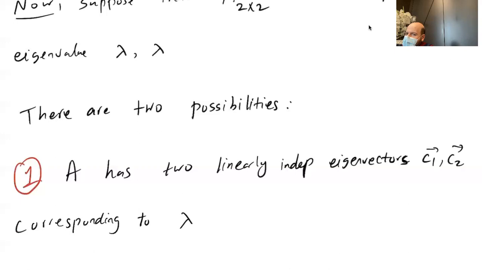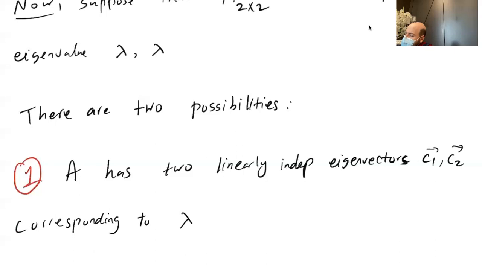So either A has two linearly independent eigenvectors or it has one linearly independent eigenvector corresponding to lambda.